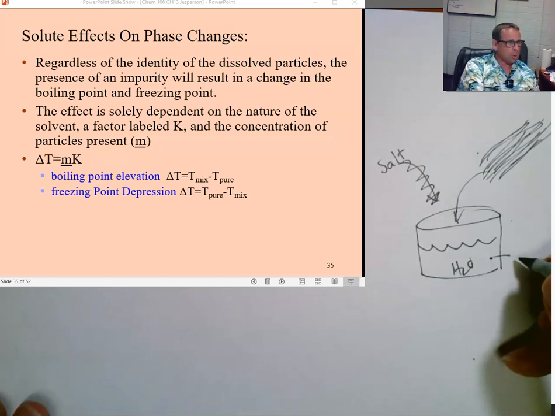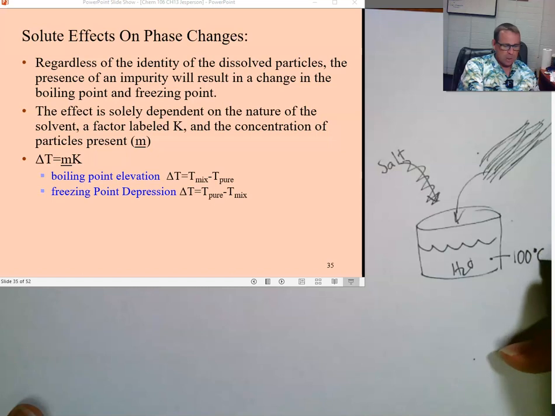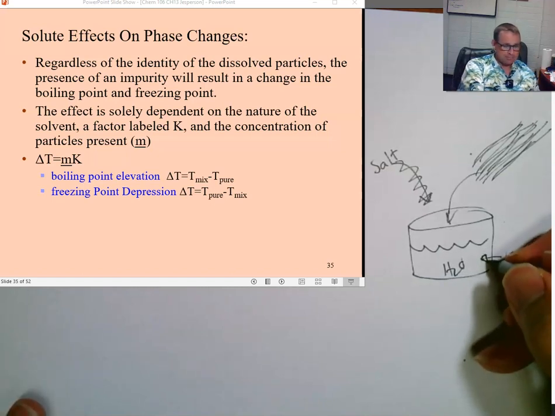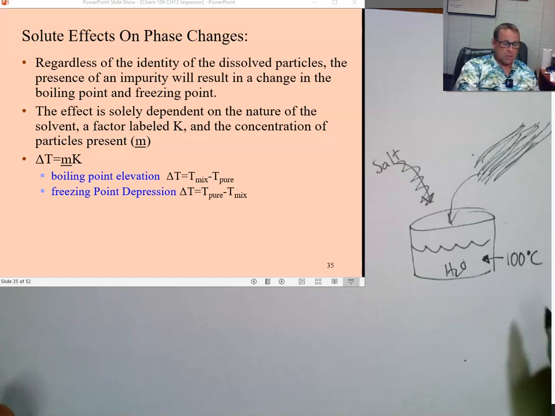What point will it boil at? I'm not sure what it is in Kelvin. Oh, like 307. Yeah, we can use degrees Celsius. That's fine. 100 degrees Celsius, right, is the temperature it boils at. Okay, water boils at 100 degrees Celsius.